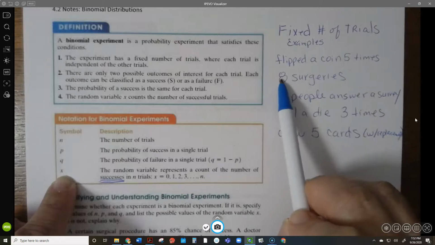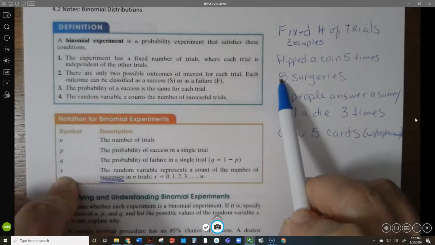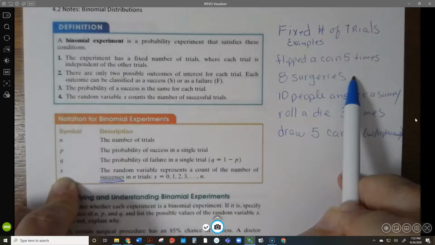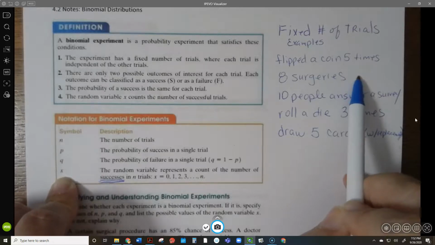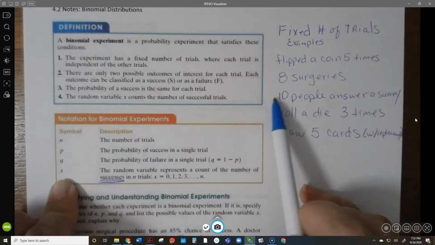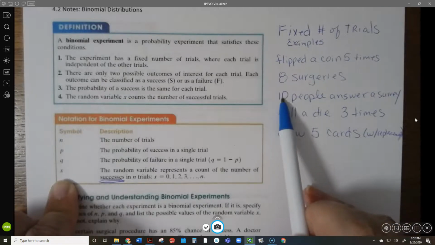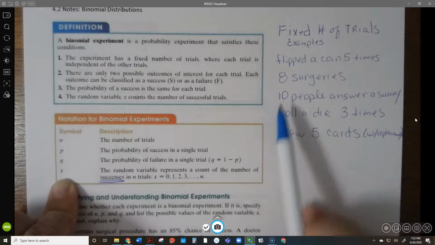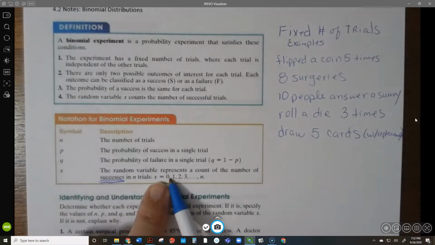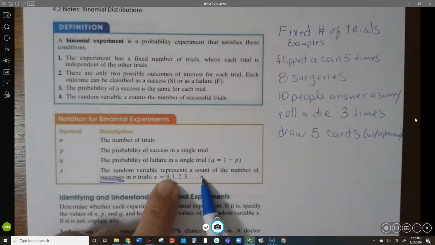If I have 8 surgeries, how many surgeries might be successful? Well, 0 might be successful, or 1, 2, 3, 4, 5, 6, 7, 8. Basically, it's always the same as the number of trials. You just have to include 0 too, because you may not have any successes.